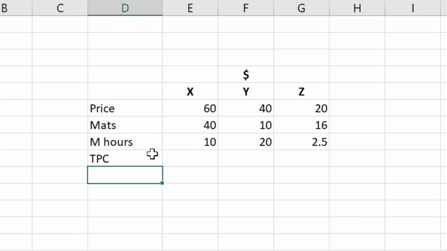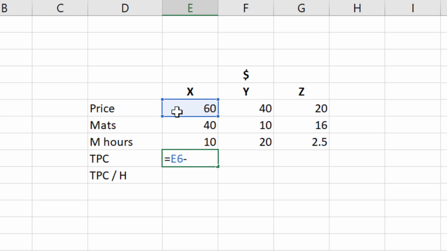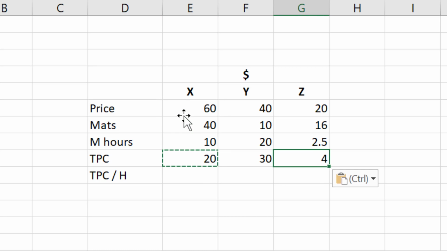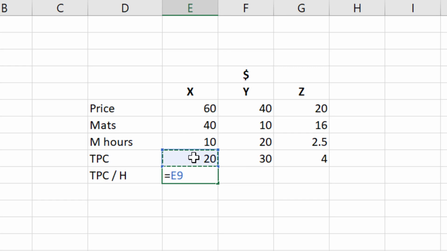I'll make another row. Throughput contribution per hour. And throughput contribution is equal to the price minus the material costs. I can copy that formula across. Throughput contribution per hour is then that throughput contribution divided by the hours per unit.